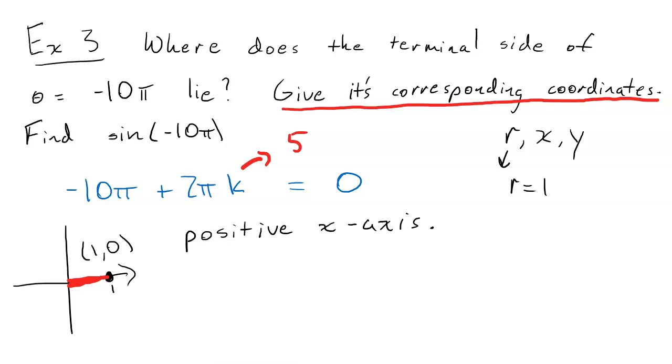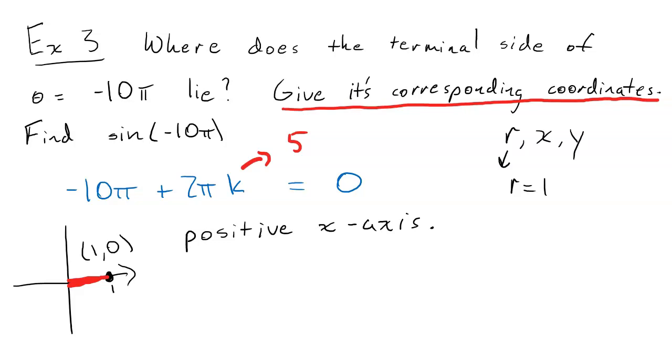Lastly, we want to find sine of negative 10 pi, and that is going to be taking the opposite over the hypotenuse. Remember, r is equal to 1. Opposite, though, is equal to y.